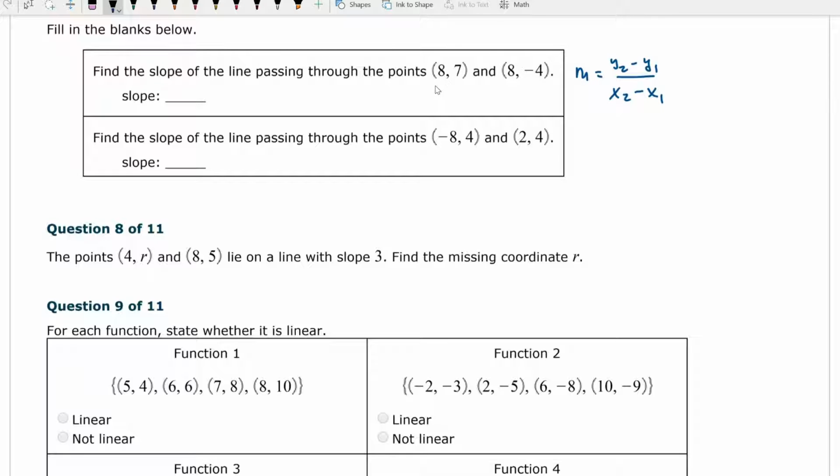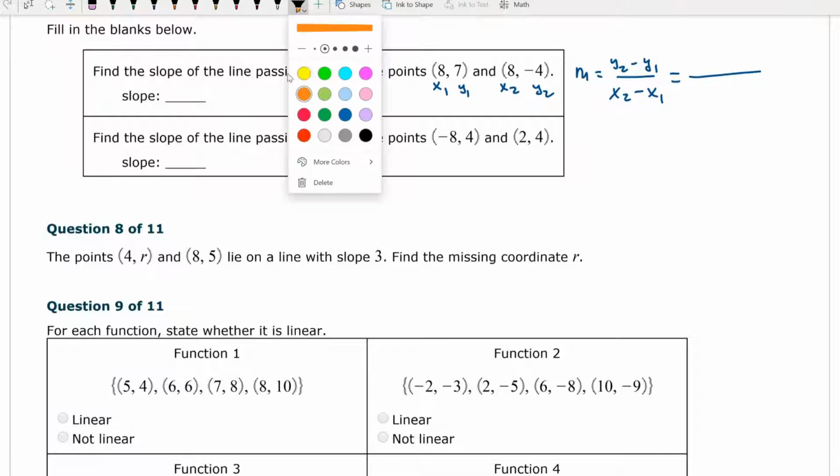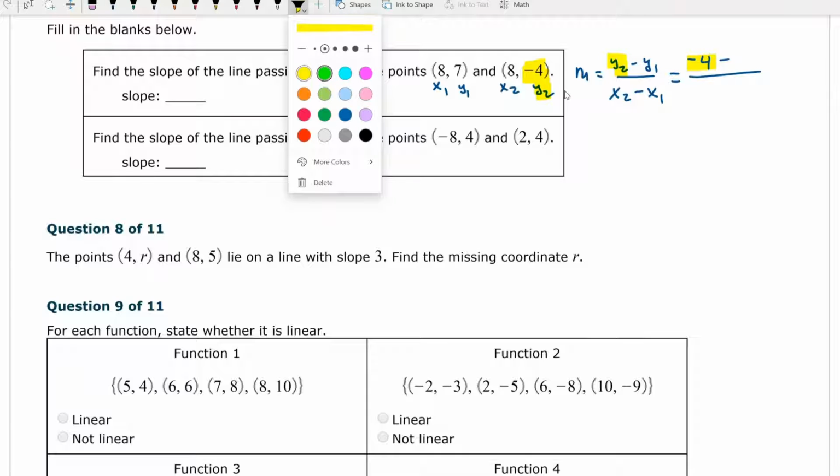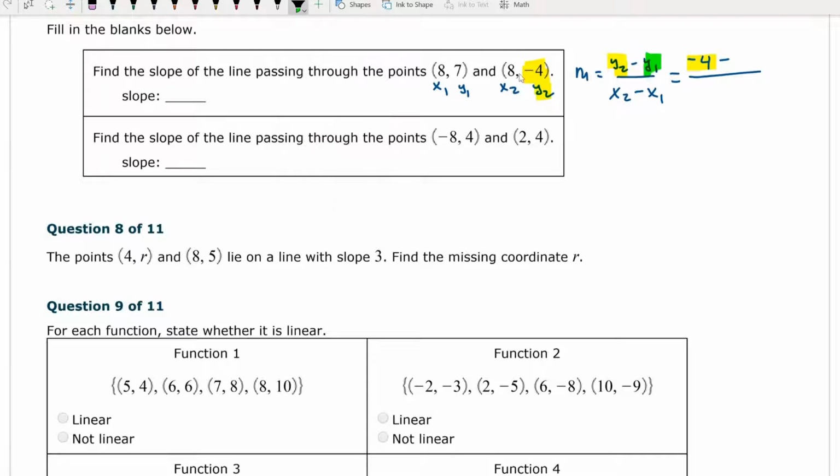We label the points x1, y1, x2, y2 and plug them in order. Beginning with y2, your y2 is negative 4, so we have negative 4 minus y1. Your y1 is 7. So negative 4 minus 7.